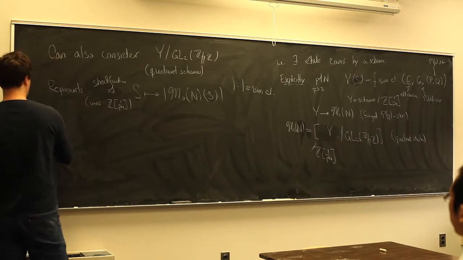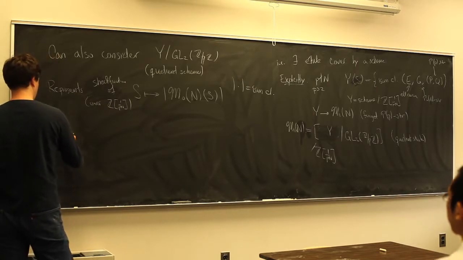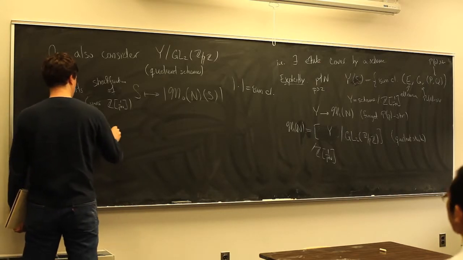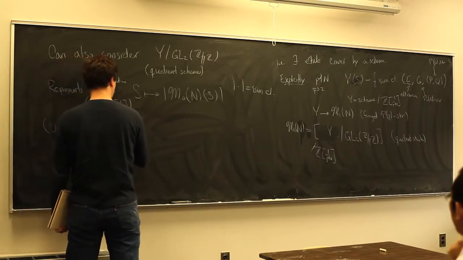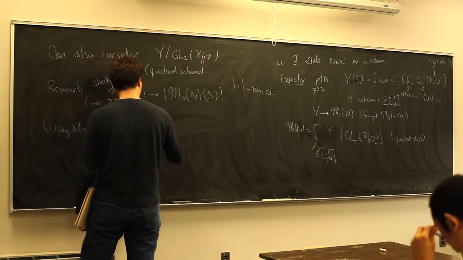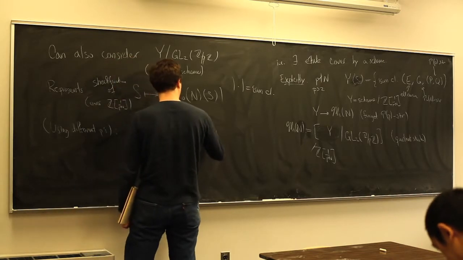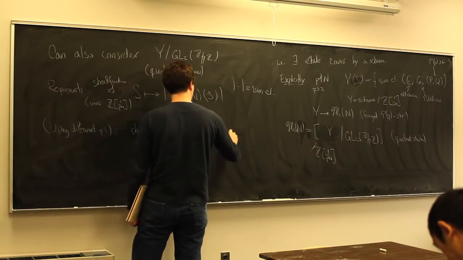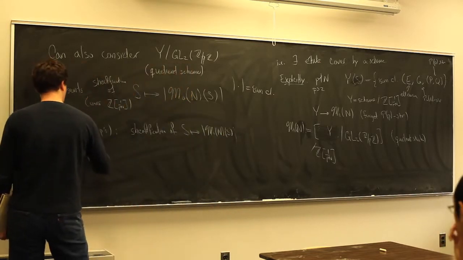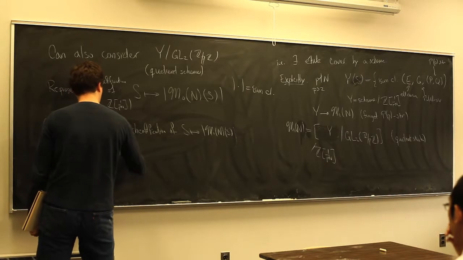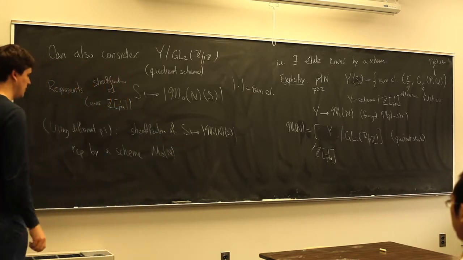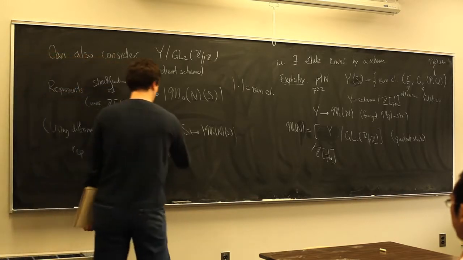So the sheafification of this thing is represented by a scheme which I'm going to call M_0(n), not a fancy typeface, or Y_0(n).